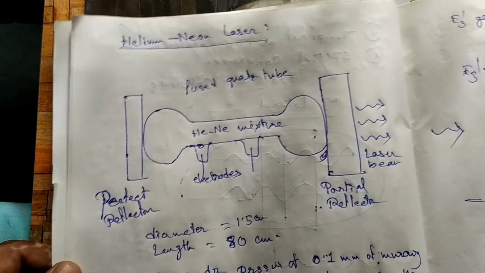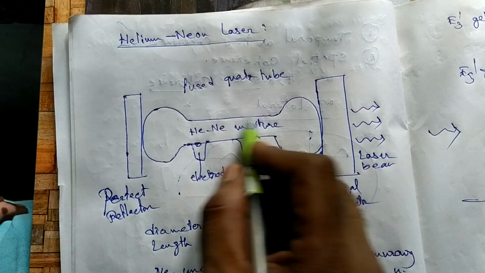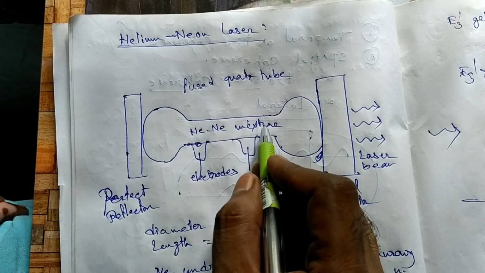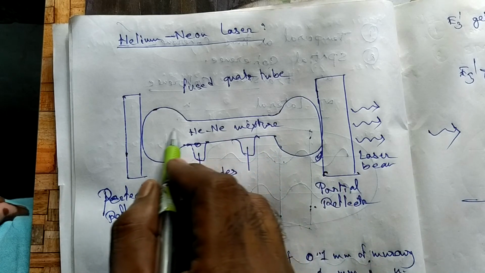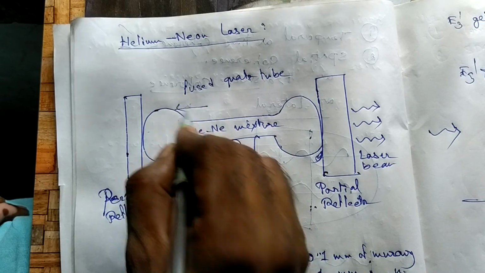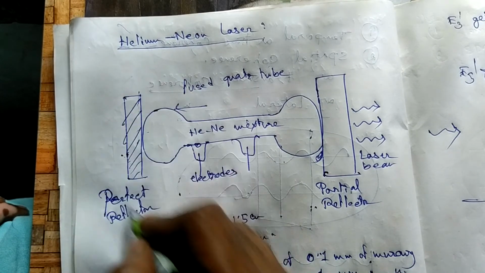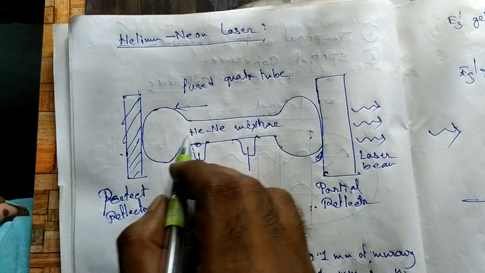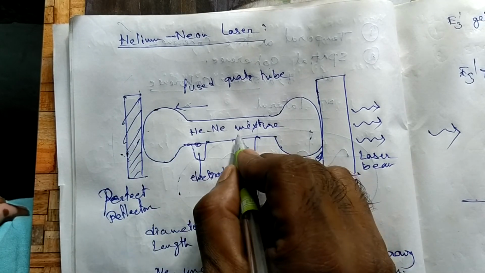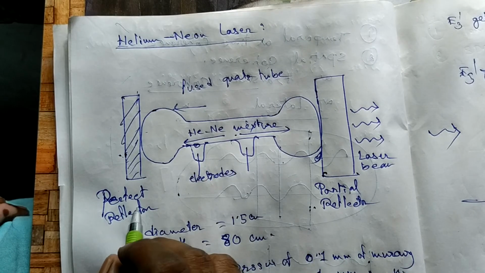In our lecture, when the light comes from this transition of the atom, the light travels in that direction and reflects from this perfectly reflecting surface, so some light travels in this direction and some in that direction.